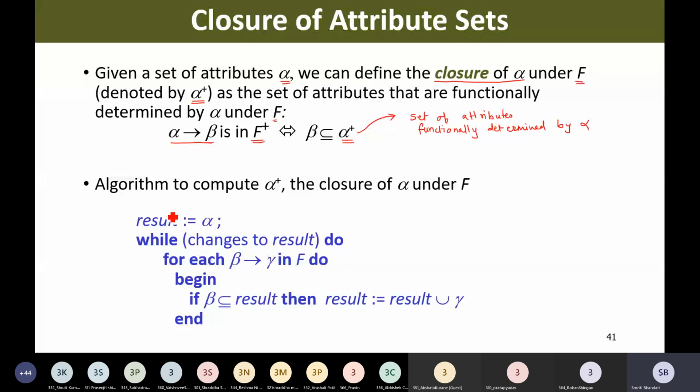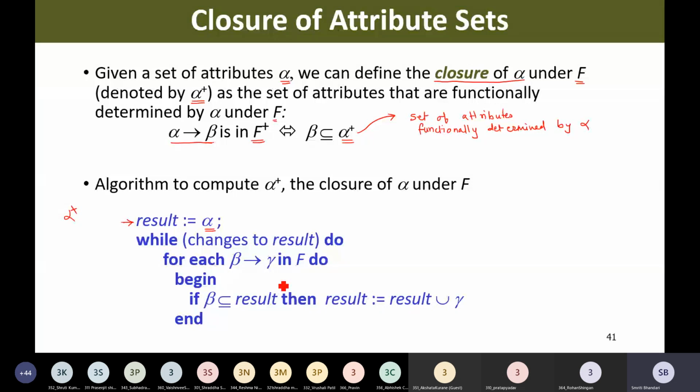So let us go through this algorithm. In this algorithm, we are going to compute the closure, that is alpha plus, the closure of the attribute set. We are going to initialize our result with the given alpha. Now, what we are going to do next is follow certain steps.